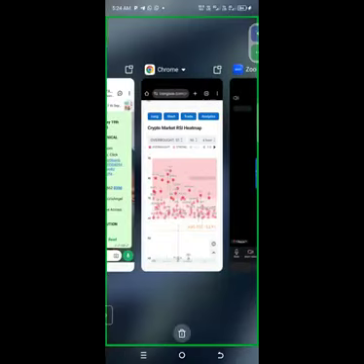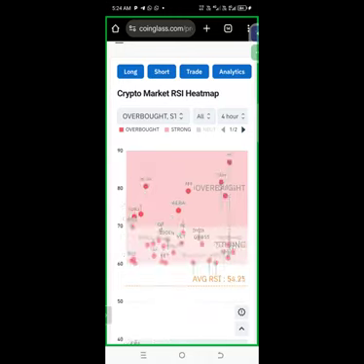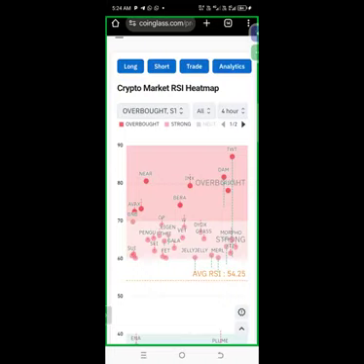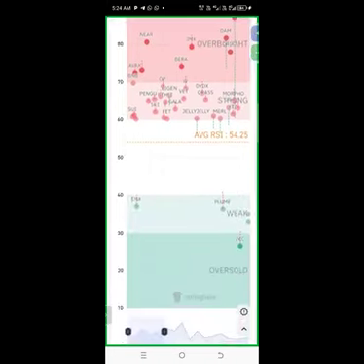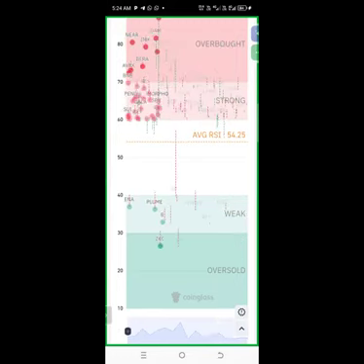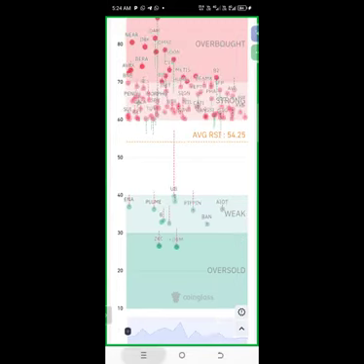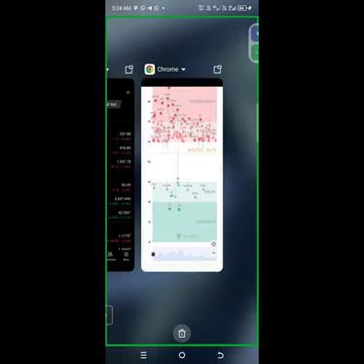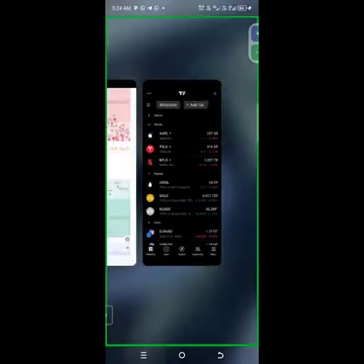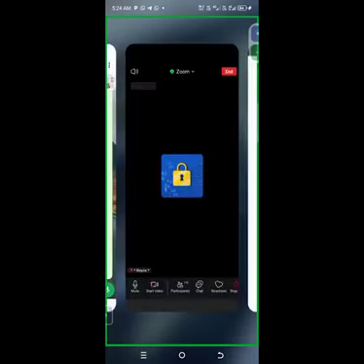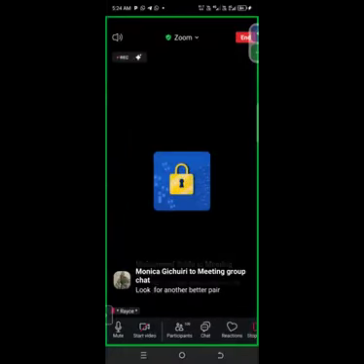So let's look at another asset on the CoinGlass. Okay, now let's look at SEAL. Let me see if you are there. Yeah, so let's look for another better pair.